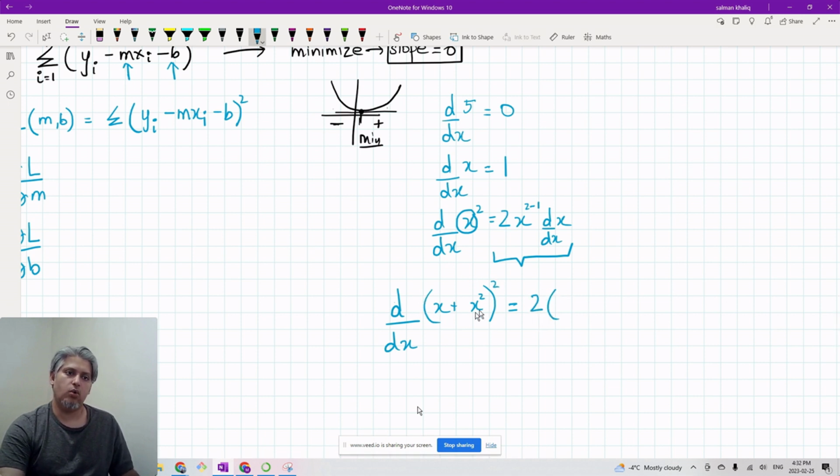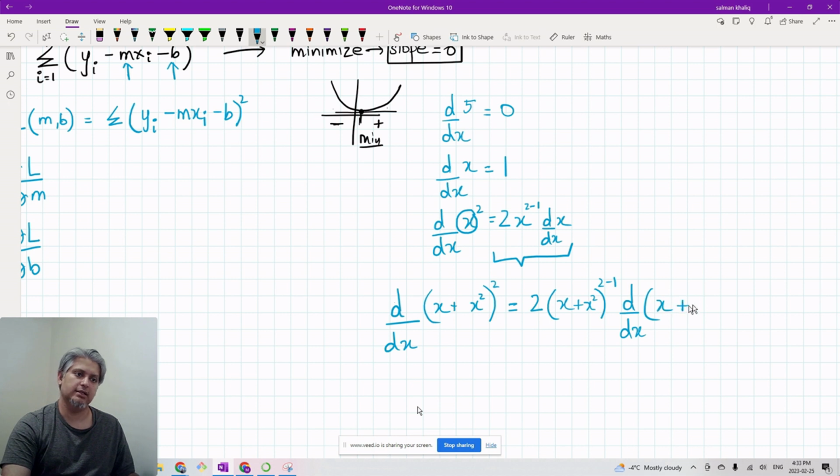Then I will write the whole function as it is, x plus x squared. Then I will subtract 1 from the power. And then I will take the derivative d by dx of whatever was under the bracket, under the power. So whatever was inside the bracket here, x plus x squared.